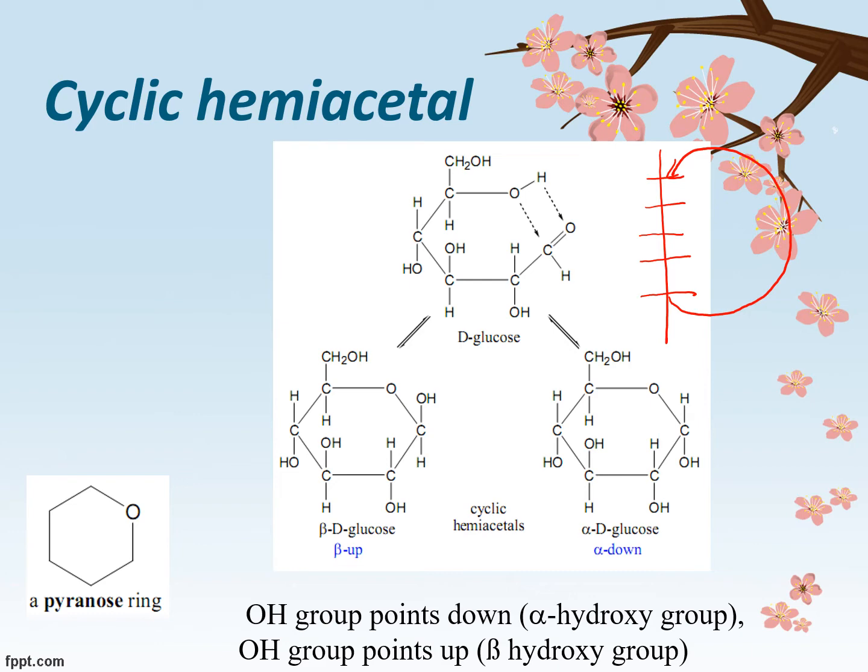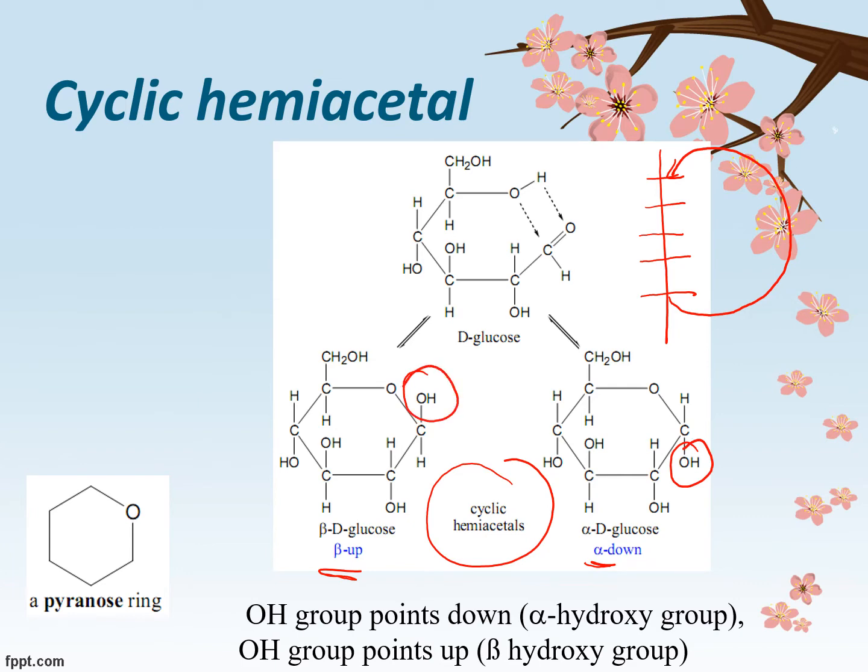So it will form a cyclic hemiacetal, either alpha or beta. Alpha is referring to the hydroxy group pointing down, whereas beta is where the hydroxy group is pointing upwards, this hydroxy group here.